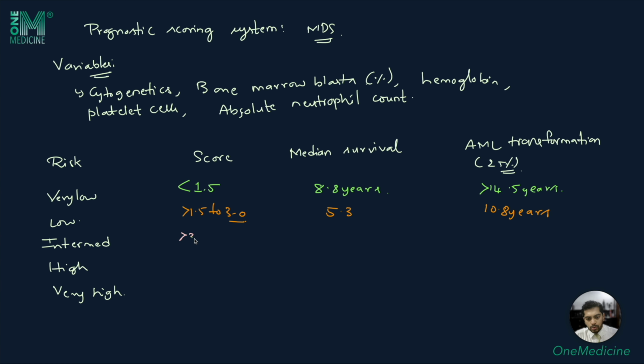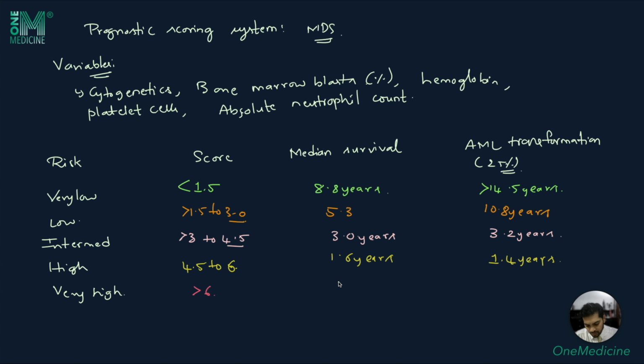Intermediate is when the score is more than 3 to 4.5. Here the median survival reduces to 3 years, and the 25% conversion to leukemia time is 3.2 years. High risk is considered when the score is 4.5 to 6, with a median survival of 1.6 years and a 25% AML conversion at 1.4 years. Very high risk is when the score is more than 6.